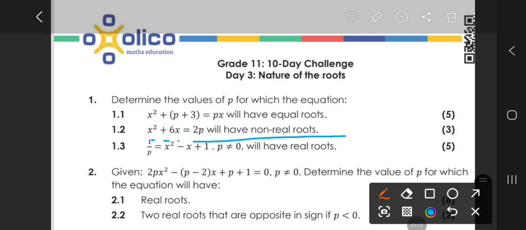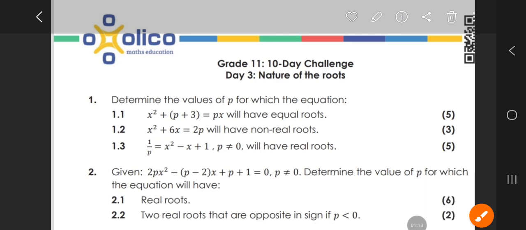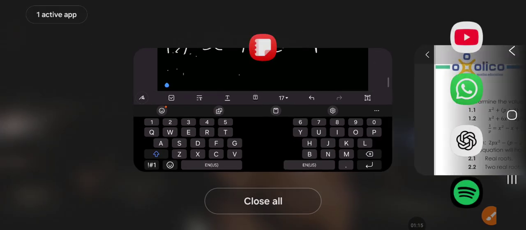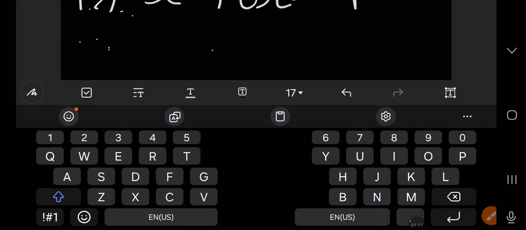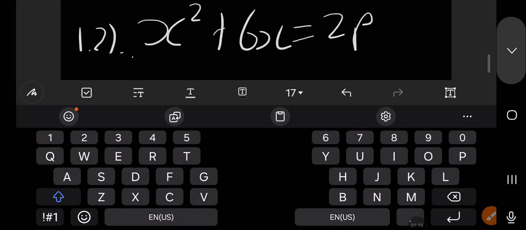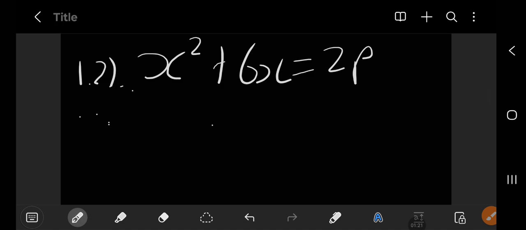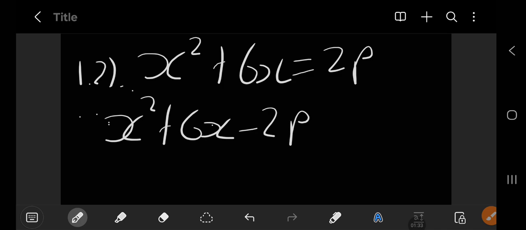So let me just switch the screens. I think I'd already written it down here somewhere. Okay, so now what do we do? We first ask ourselves, is this in standard form? So we're going to say x squared plus 6x minus 2p. In this case, we can say it's equal to 0, but let's say less than 0, because it says non-real roots.